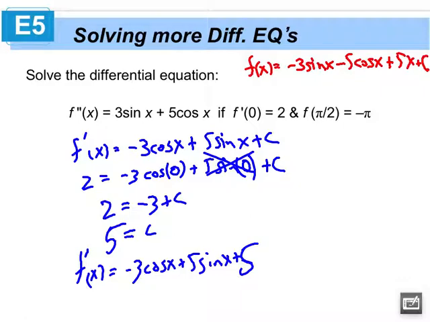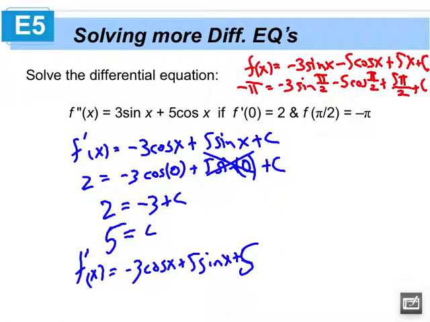Then you plug in f of pi over 2, which equals negative pi. So you have negative pi equals negative 3 sine pi over 2, minus 5 cosine pi over 2, plus 5 pi over 2 plus c. Ooh, that's not so easy to solve.